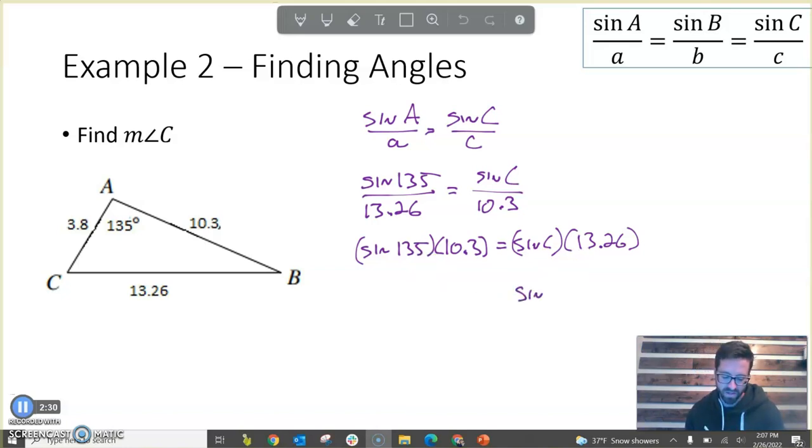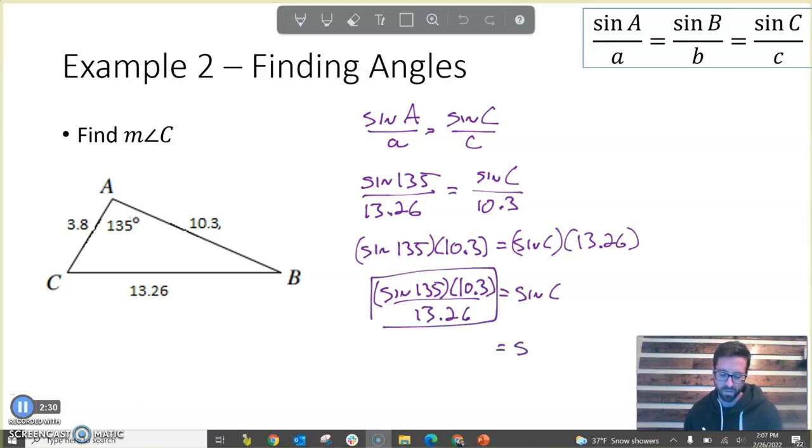And we're going to find that sine of C is equal to sine of 135 times 10.3 over 13.26. And if I do a calculator button push with all that, we're going to find that the sine of angle C is about 0.549, and I'm sure I did some rounding when I did my math earlier.